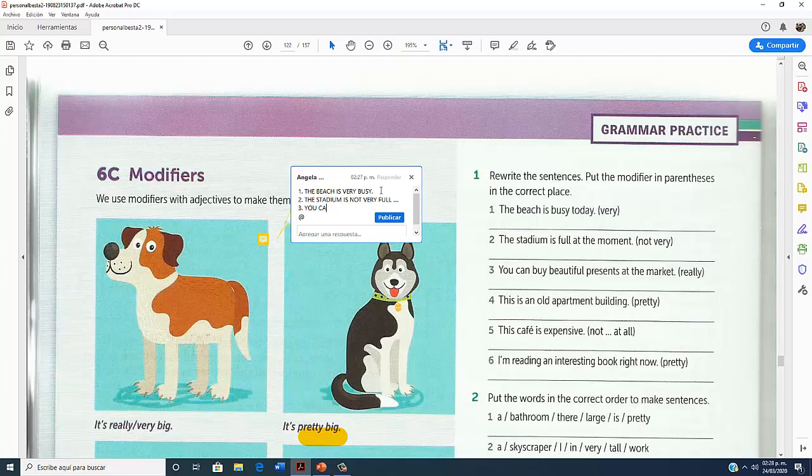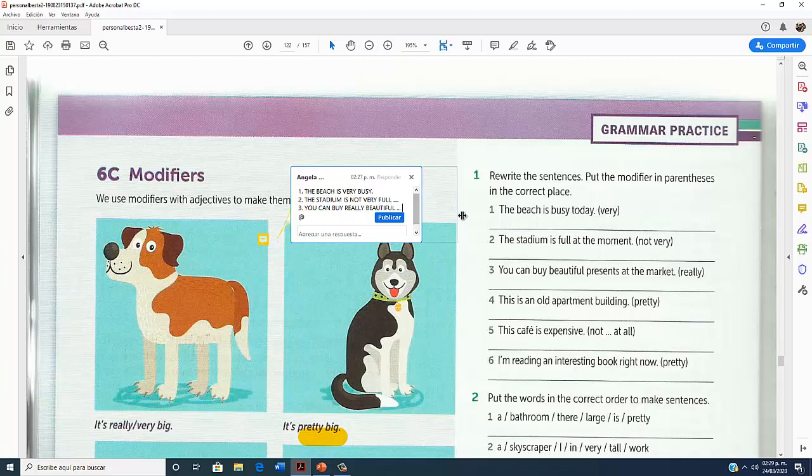You can buy really beautiful presents. Really beautiful presents. This word goes before the adjective.